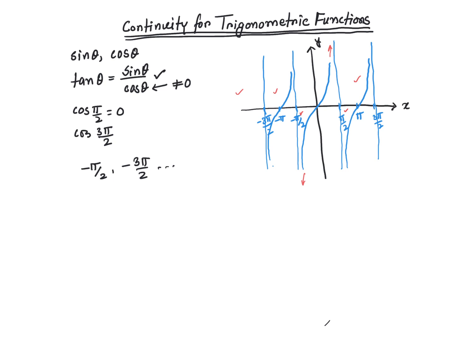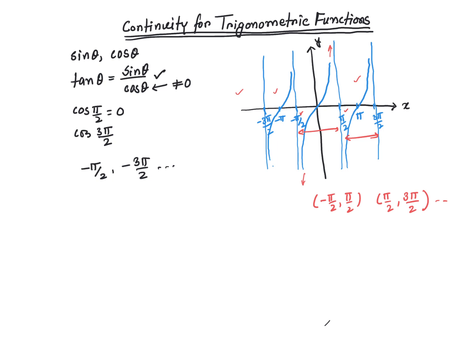So sine and cosine theta are continuous on the entire number line. Tangent of theta is continuous on certain intervals. These intervals are from negative pi over 2 to pi over 2, from here to here, and then from pi over 2 to 3 pi over 2, from here to here, and it keeps going.